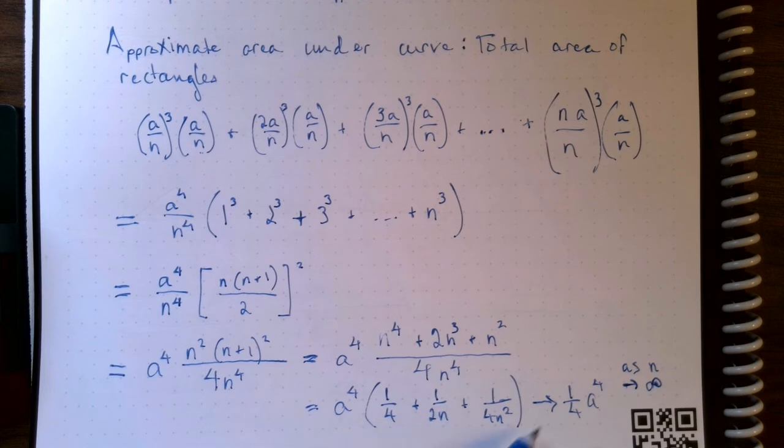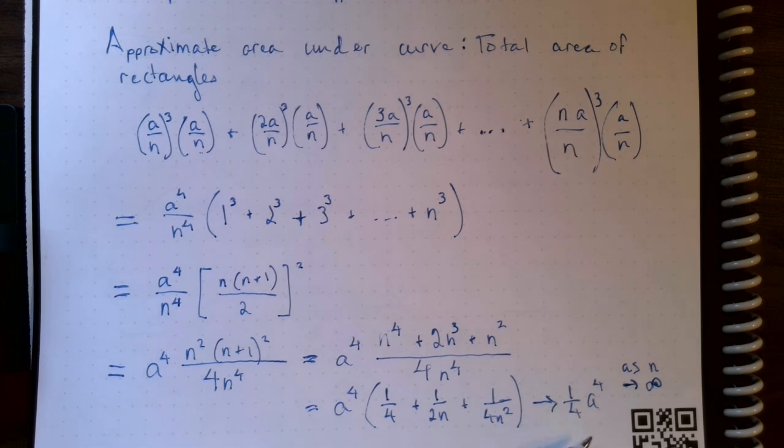He would have cared about the ratio of the area under the curve to the area of the related rectangle, and we can see in this case that the area under the curve is 1/4 the area of the related rectangle, because we showed just a second ago that the area of our related rectangle was a to the fourth. And remember, Wallis's goal was to generalize this to find the area under the curve y equals x to the m, no matter what the value of m was.